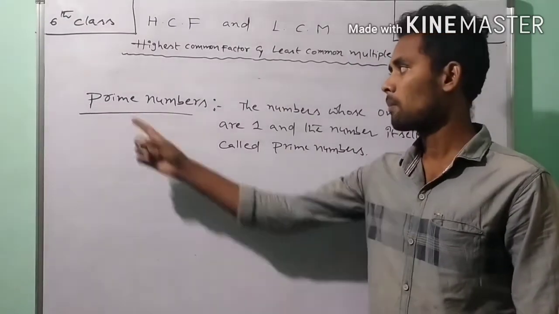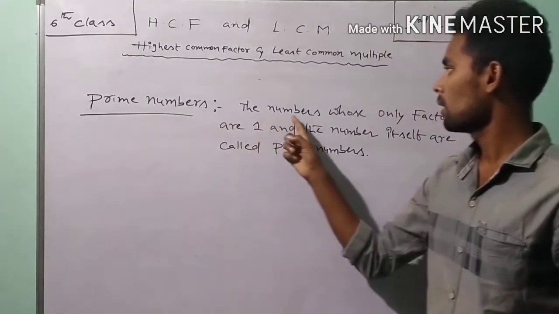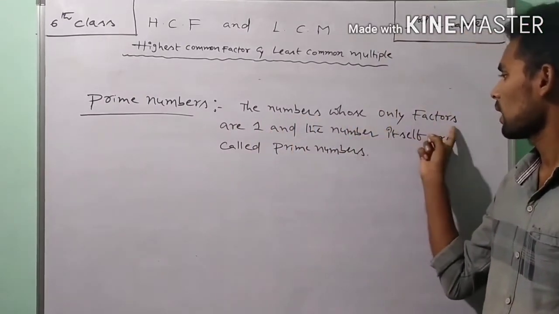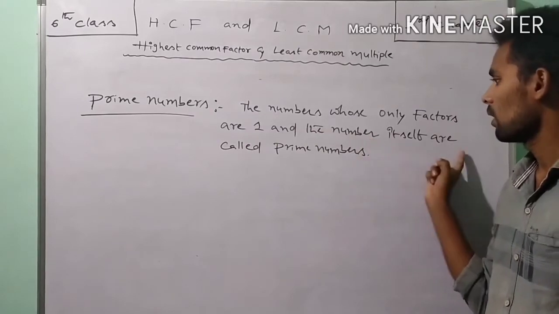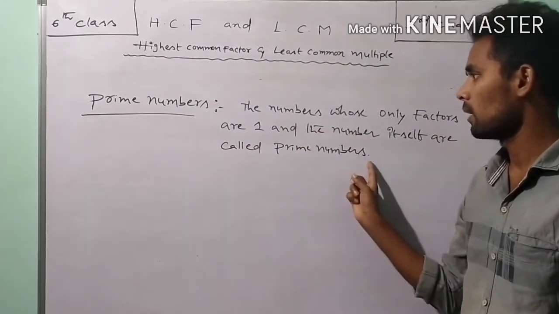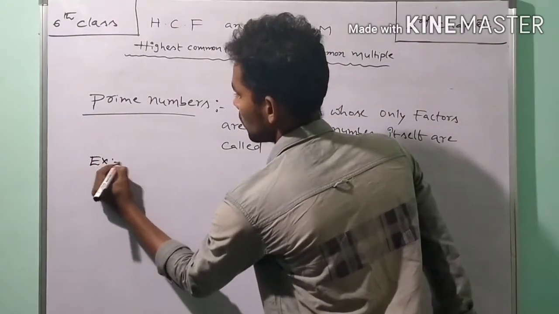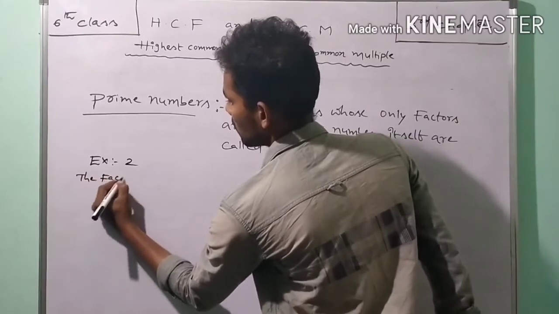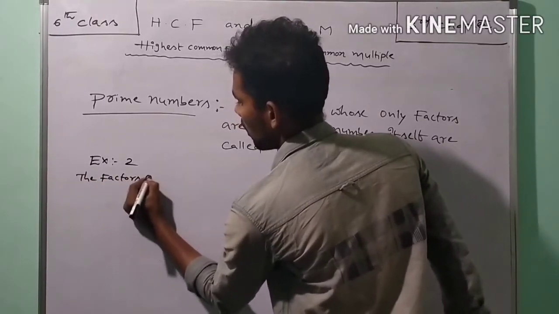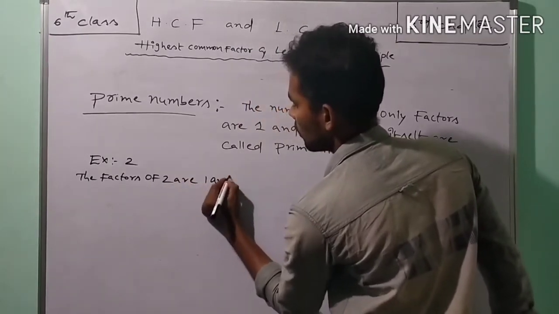Next, prime numbers. What are prime numbers? The numbers whose only factors are 1 and the number itself are called prime numbers. For example, 2. The factors of 2 are 1 and 2.